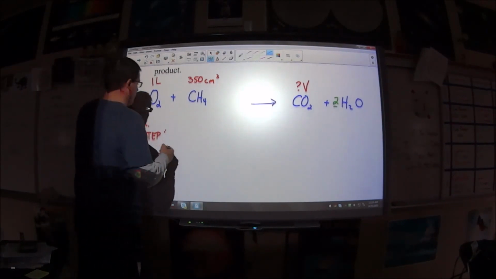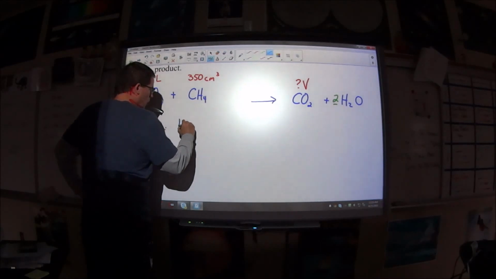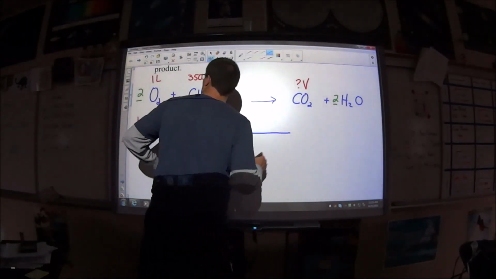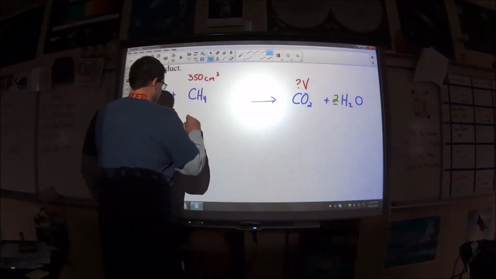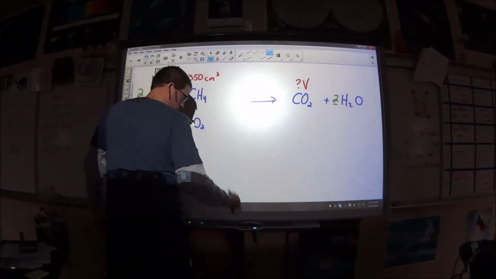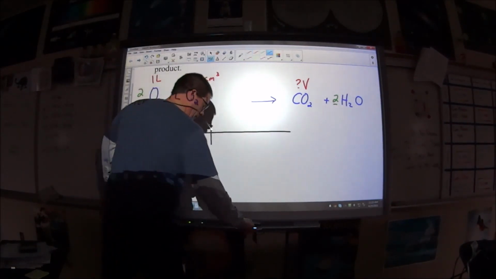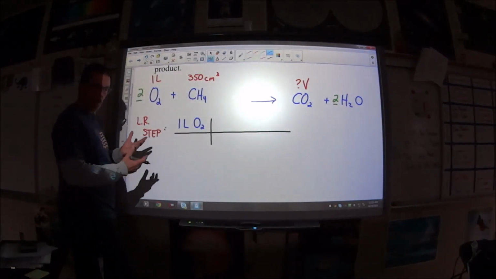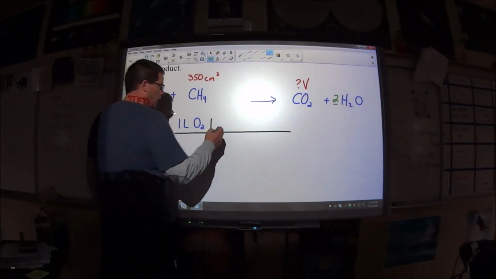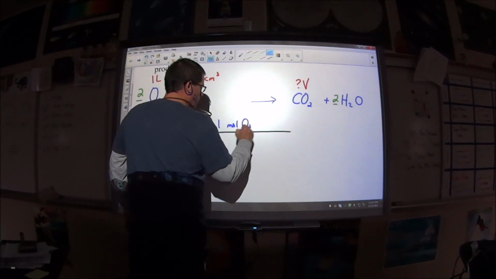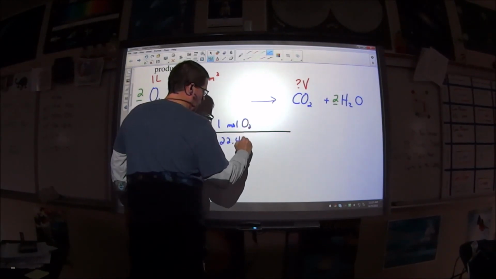I'll start with the 1 liter of oxygen, and I'm going to convert that into moles, because we still go through the same steps for stoichiometry. So, 1 mole of oxygen has a volume of 22.4 liters.